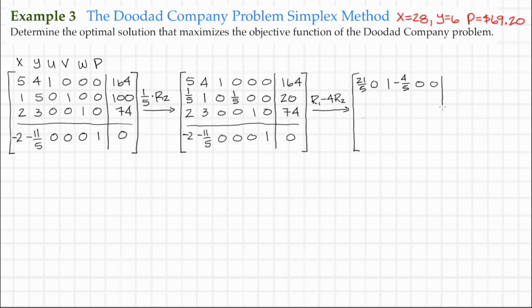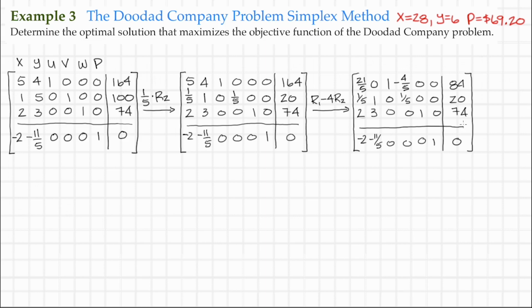Put in our vertical line. 20 times 4, that's 80. 164 minus 80 is 84. Close off our bracket, and then we fill in the rest. Put in our horizontal line.